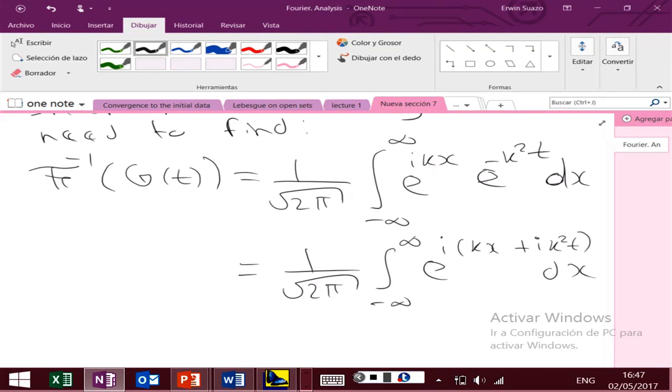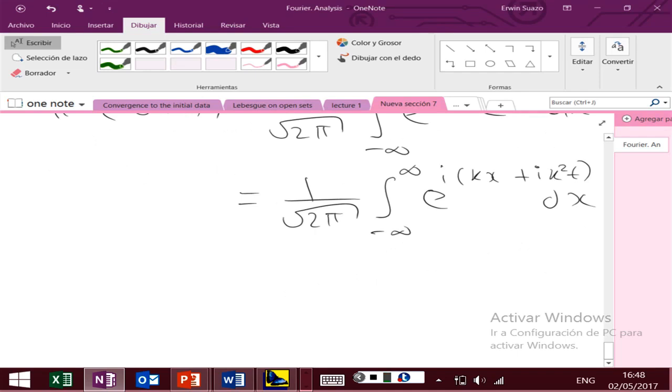So we will need a famous formula from complex analysis, complex variables. This is one of the standard formulas you prove in complex analysis. I'm going to give it to you.